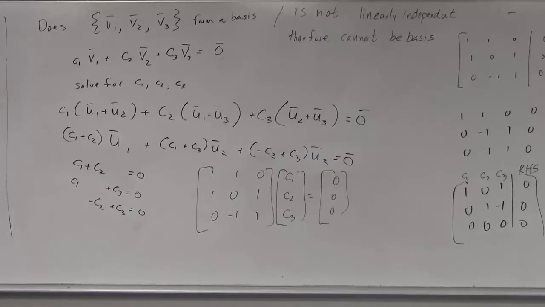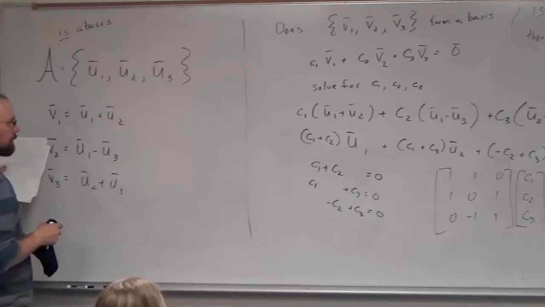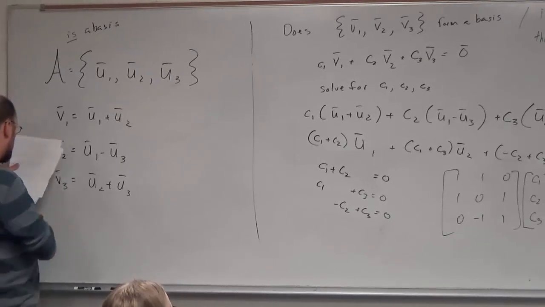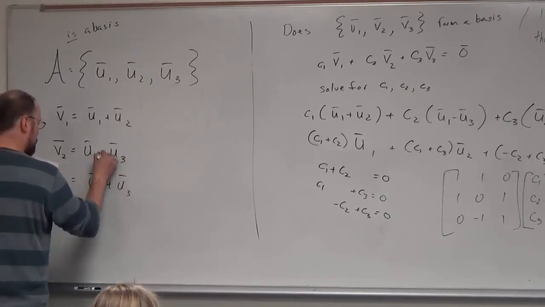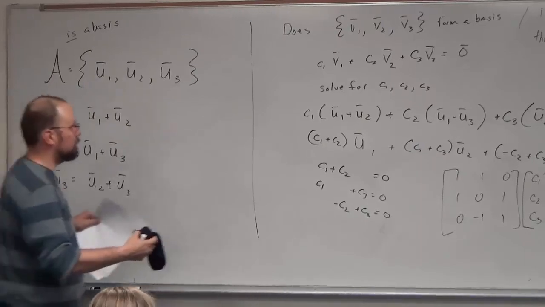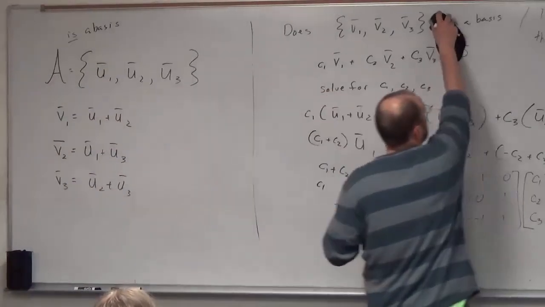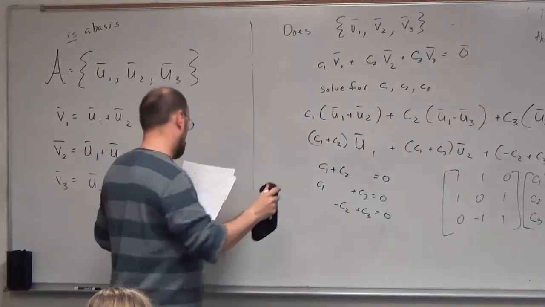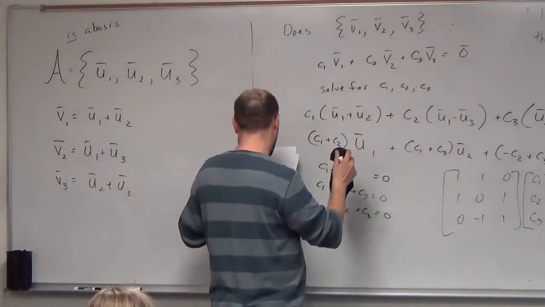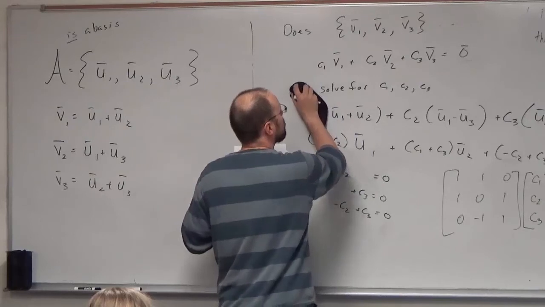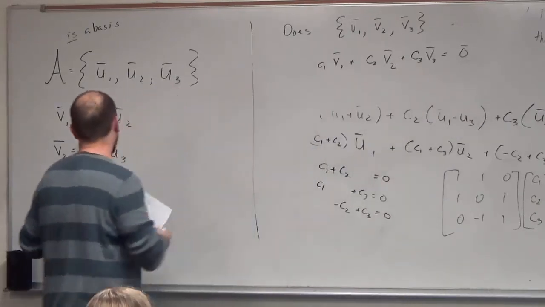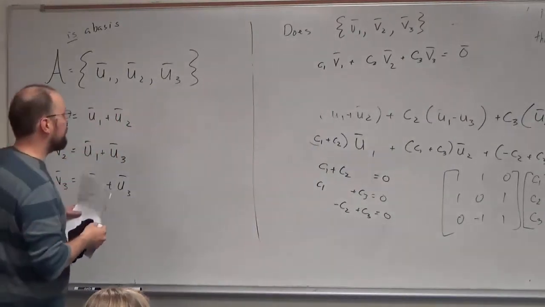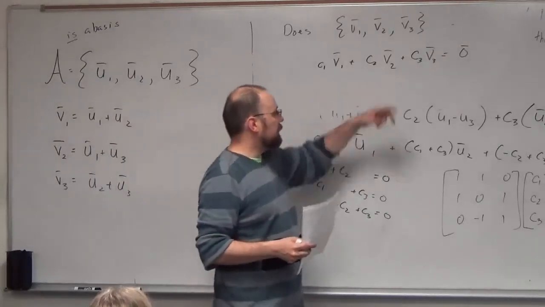Okay. Now, if on the other hand we did something like, I'm going to start all over here, and I'm going to create something that is a basis, so this works. Okay, that's going to be a basis. You would verify that this set of 3 vectors is going to be linearly independent.